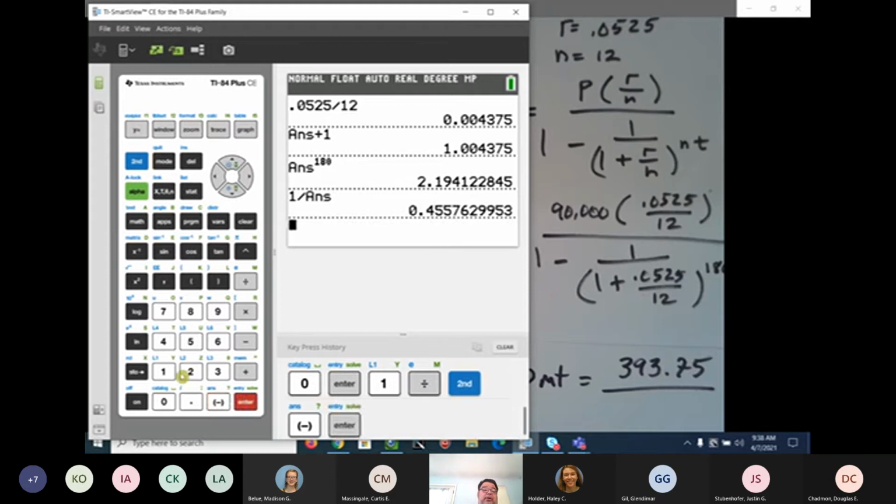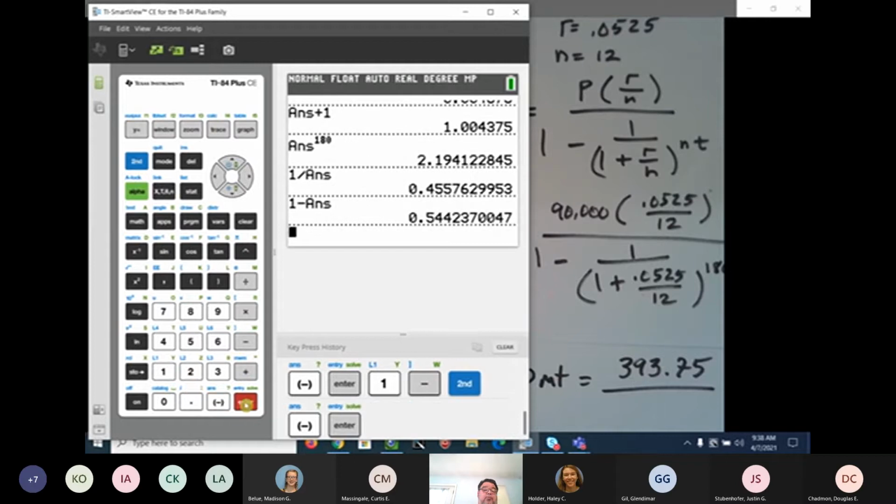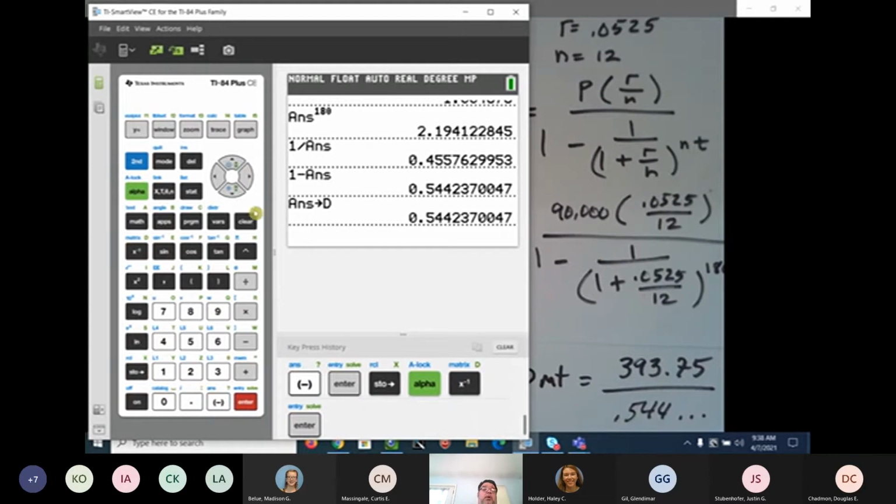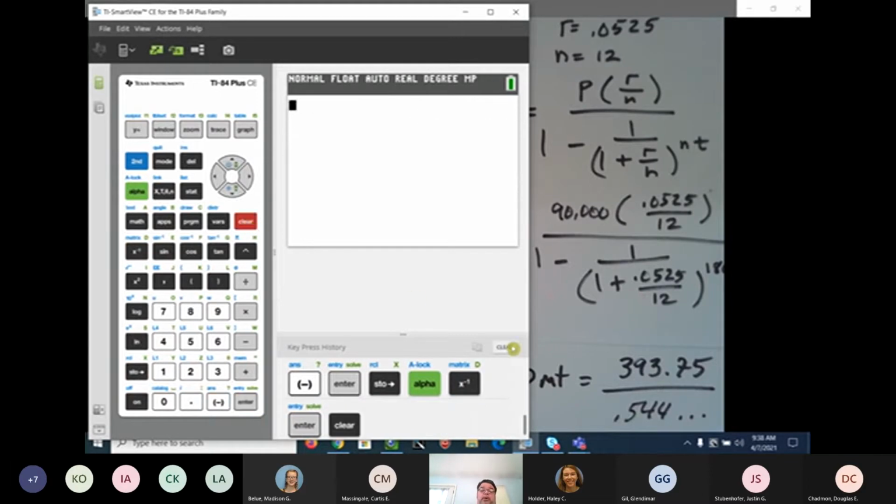And I'm going to subtract that from 1. Second answer. So that's my denominator, 0.544... And I'm going to stow alpha denominator. Clear, clear.